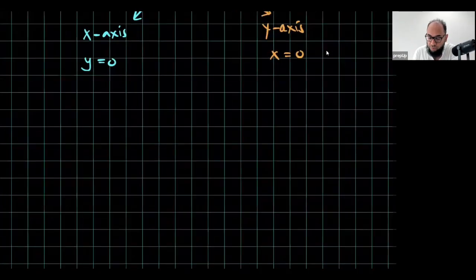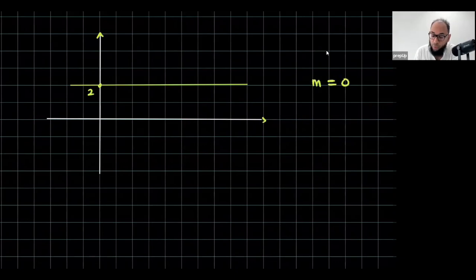And also we should be aware of the fact that, again, let me draw a grid, and this time I'm drawing a green line that is parallel to the x-axis. Now this green line is passing through the y coordinate 2. The gradient of this line is 0. Why is it 0?